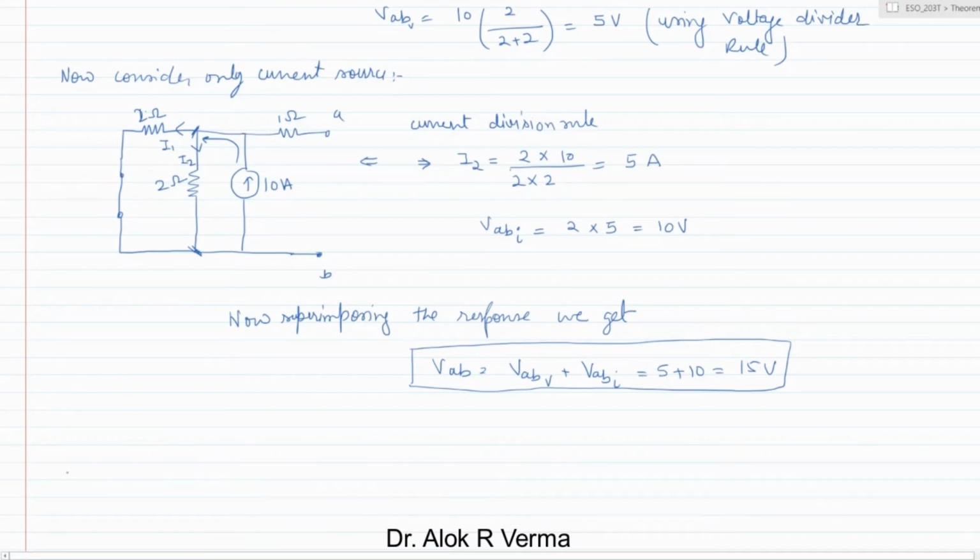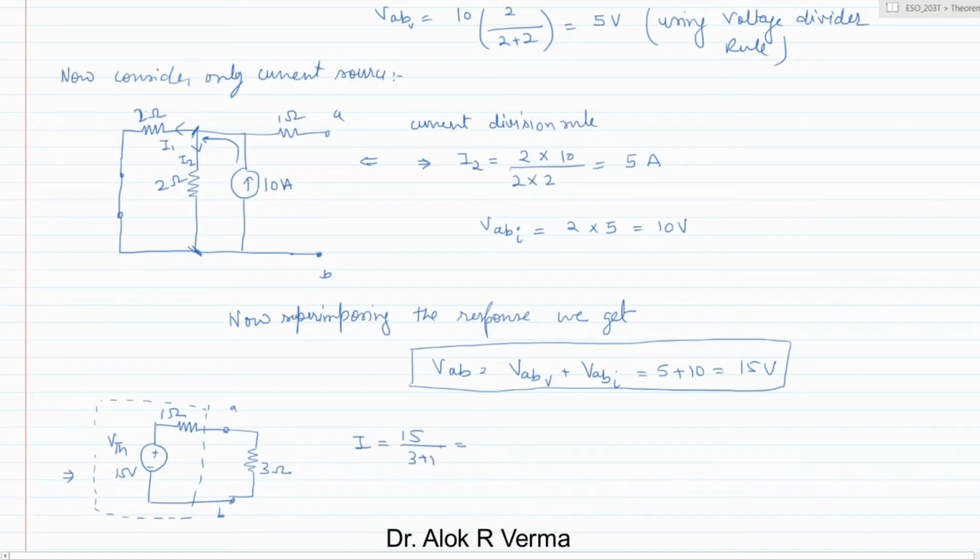Now we have converted the complete circuit into an equivalent VTH and RTH. So this is basically the equivalent circuit. Now connect the 3 ohm resistor. This is 1 ohm and this is 15 volt. Now the current I is nothing but 15 by 3 plus 1.